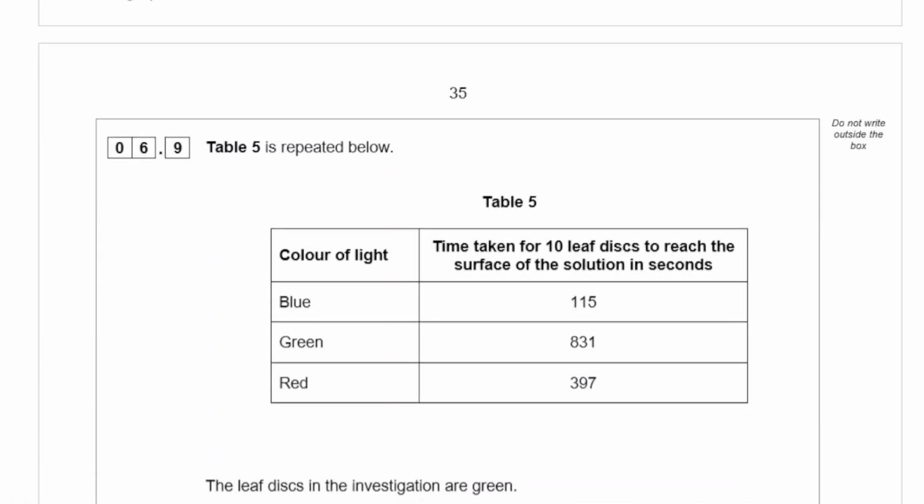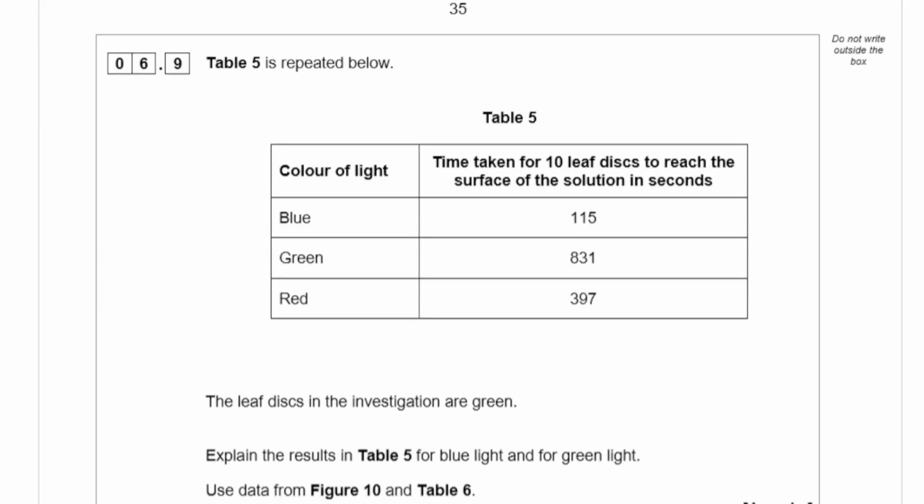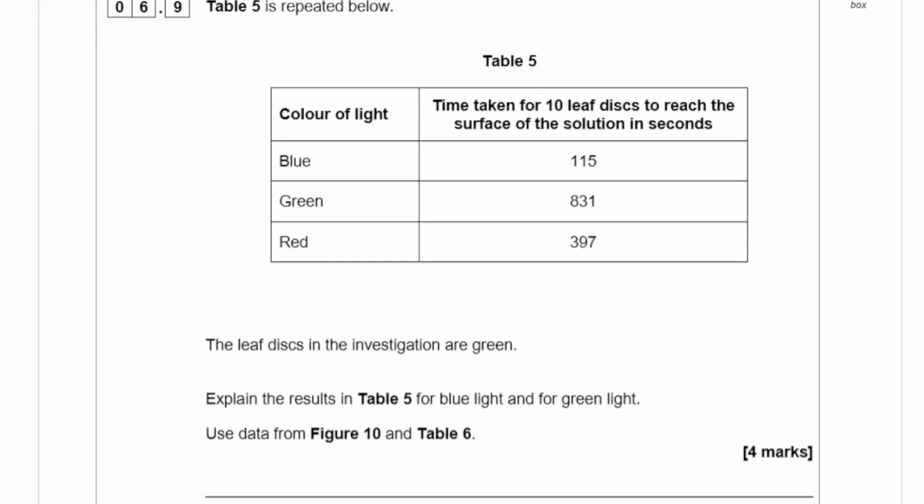Table 5 is repeated below. So you've got the same table. The leaf discs in the investigations are green color. So explain the results in table 5 for blue light and for green light. Use the data from figure 10 and table 6.